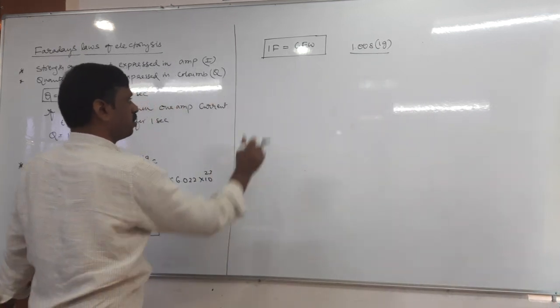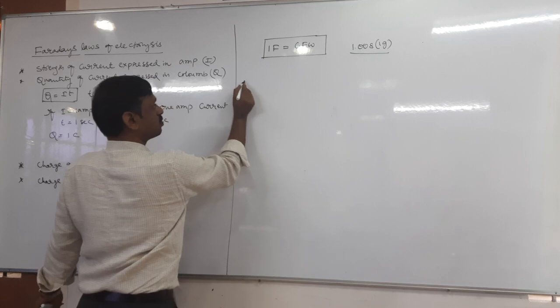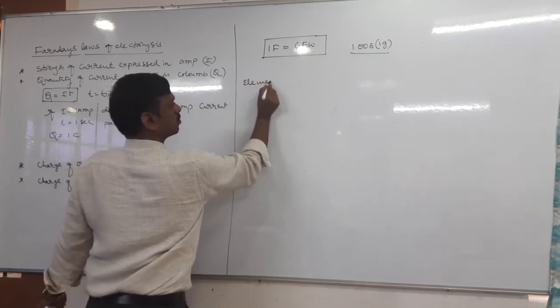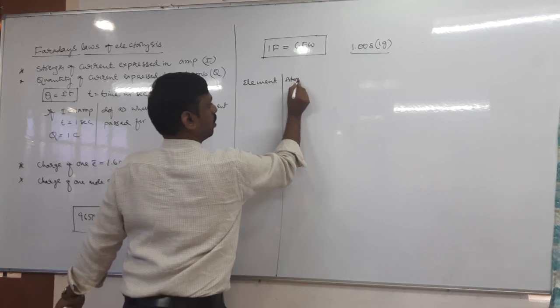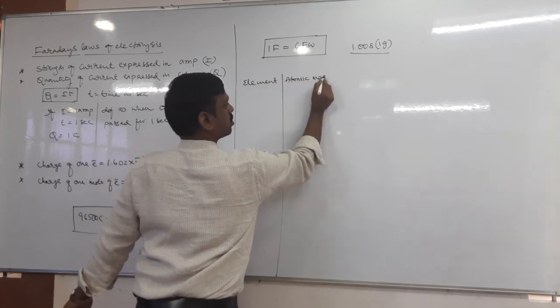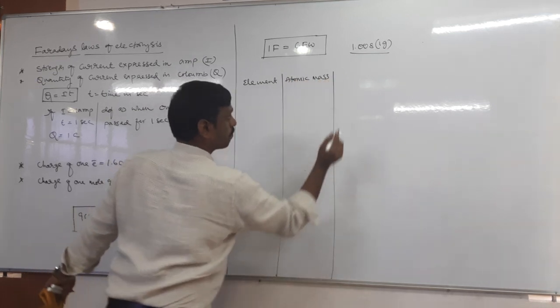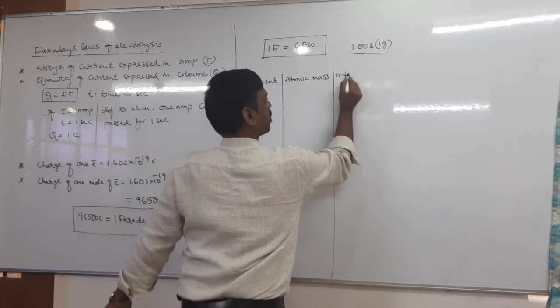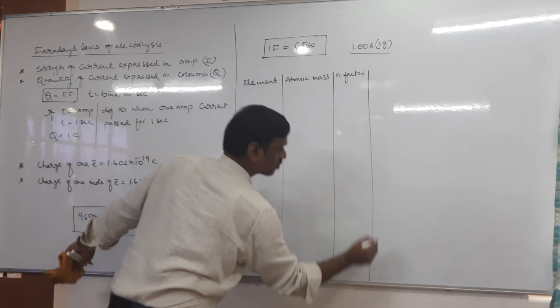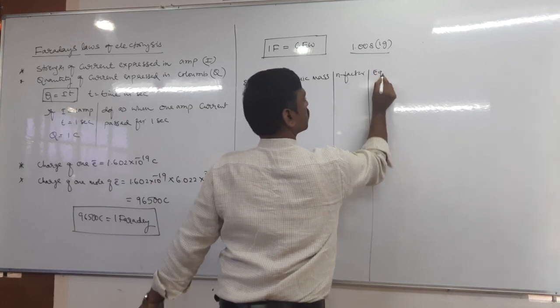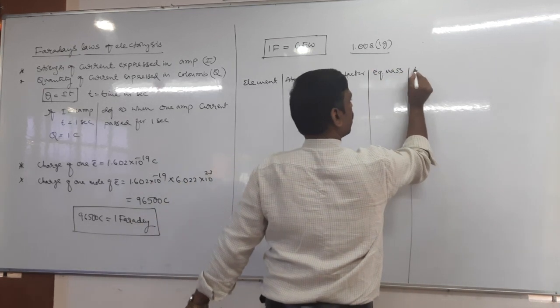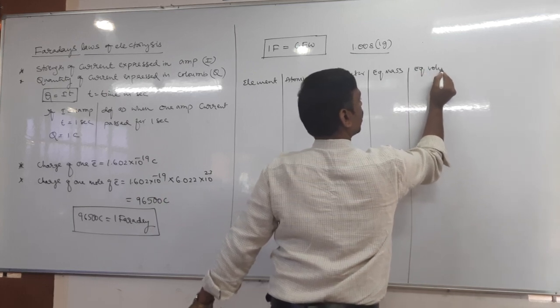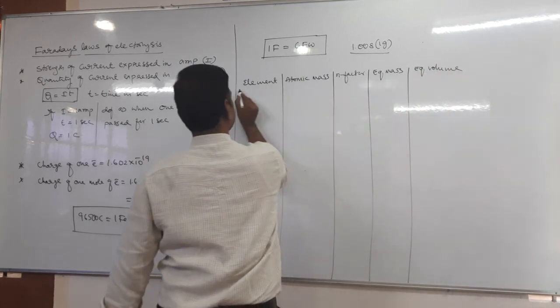Okay, so now take this tabular column. Element, its atomic mass, n factor, equivalent mass, equivalent volume.